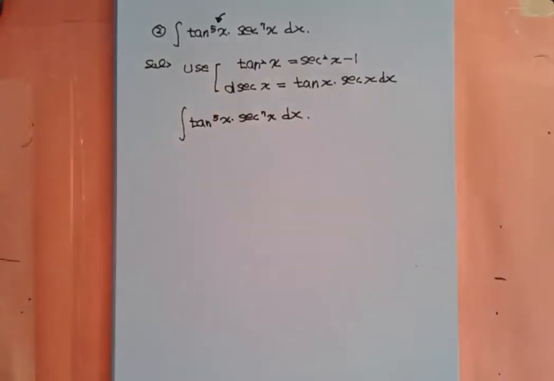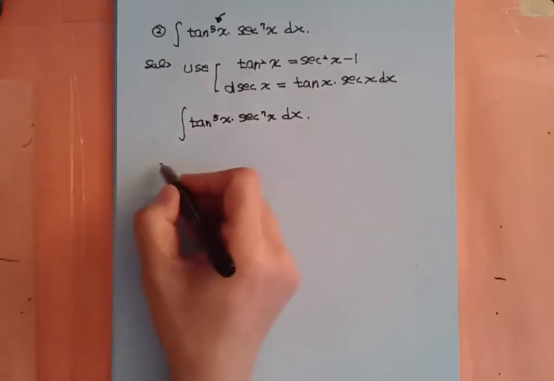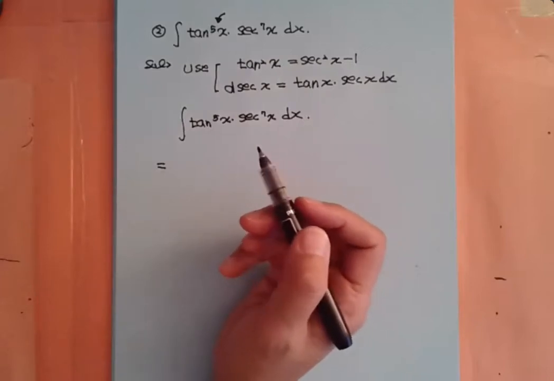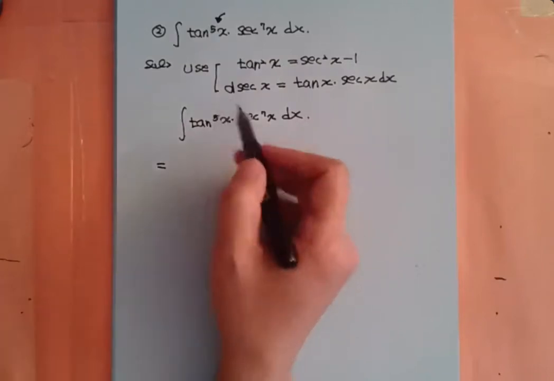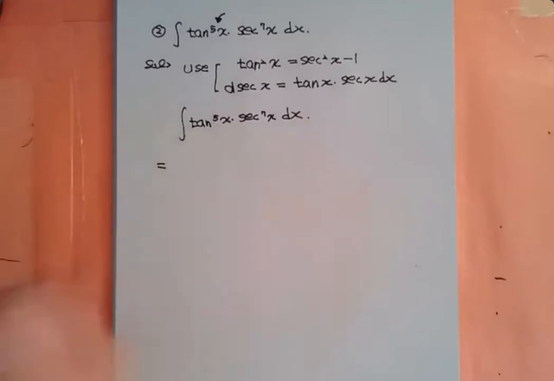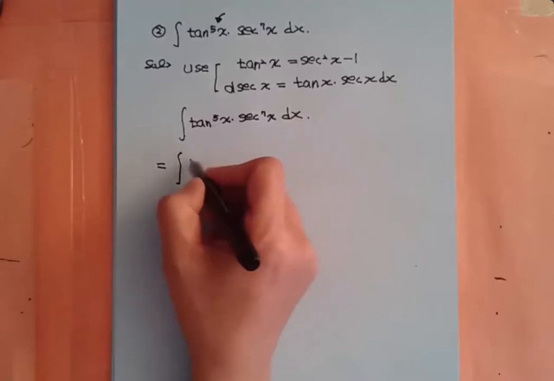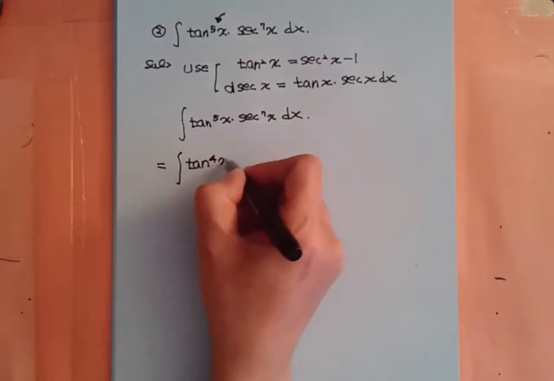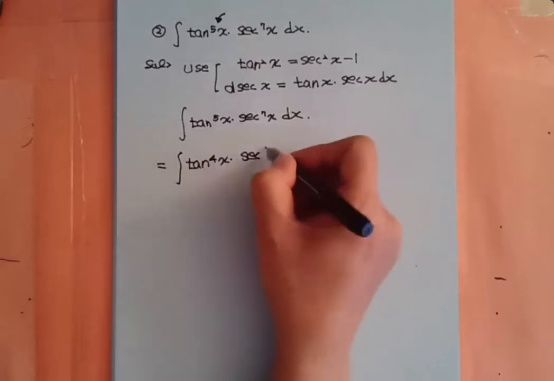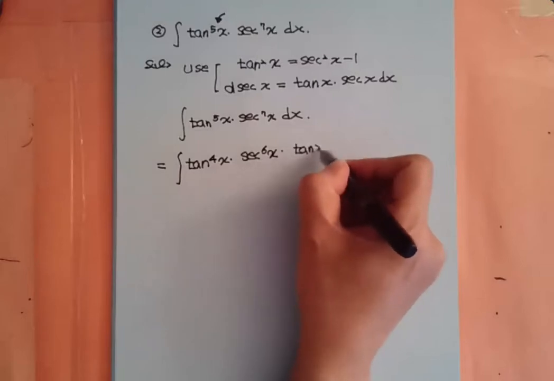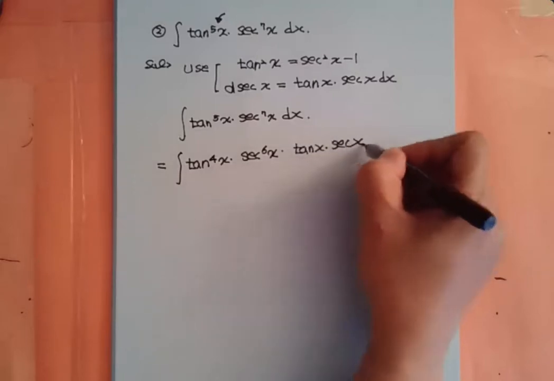Now we have the integral of tangent to the 5th power times secant to the 7th power dx. What I said was, in this case, we will just split that into two parts. So I will rewrite this one as tangent to the 4th power x times secant to the 6th power x times tangent x times secant x dx.